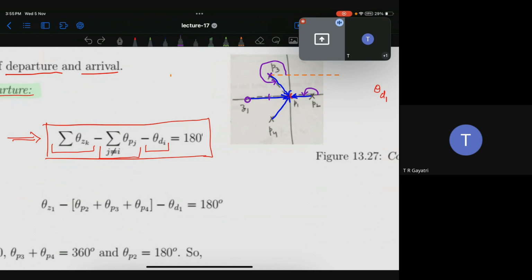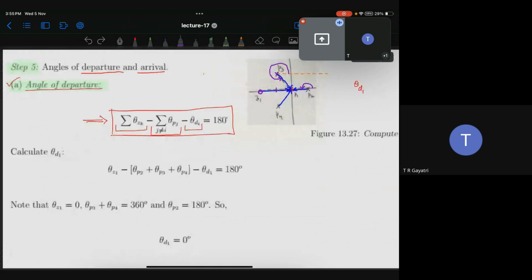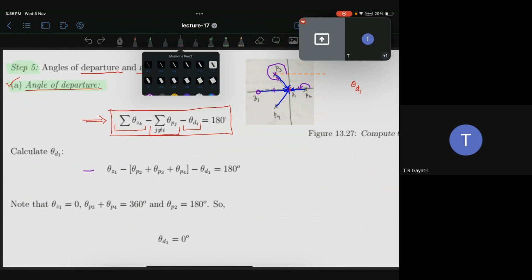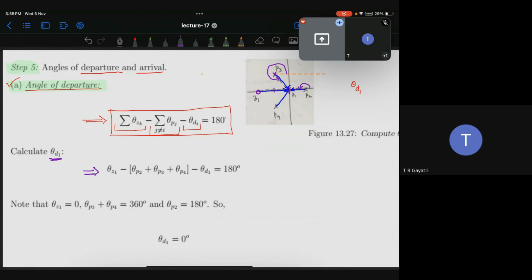Once you have all those angles from the zeros and poles, you can see we are trying to find the departure angle theta d1 for pole 1. We have only one zero and three poles, and we find the angle just by following this equation.